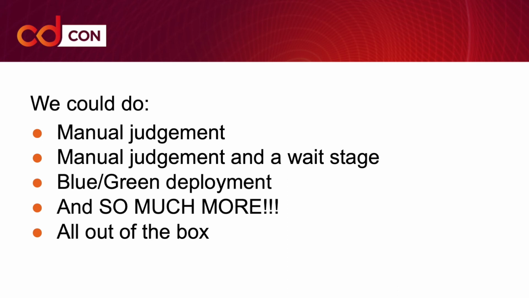So what are some of the other functionality that's available out of the box? You can do things like manual judgment, such as I can integrate Slack and say that a certain approval needs to come from a particular person in Slack. Or let's say I have a Jira ticket and a certain person in Jira has to approve it before the deployments can continue.